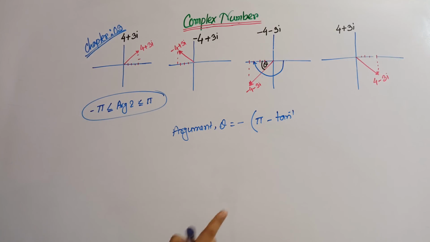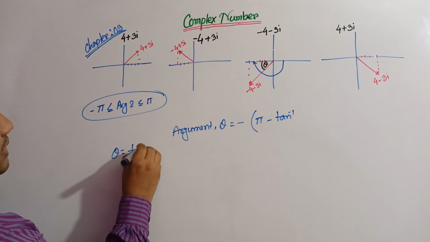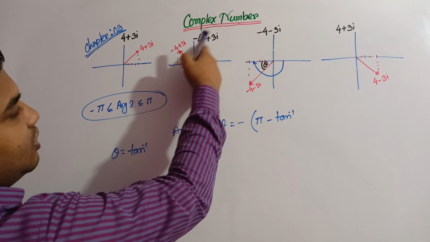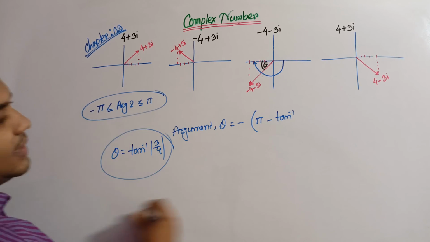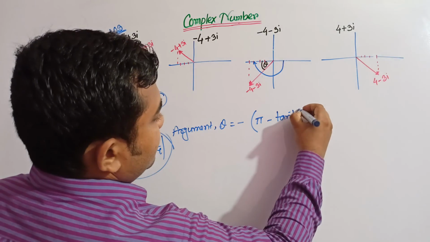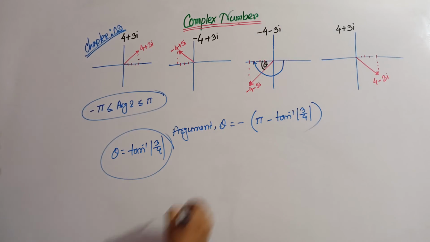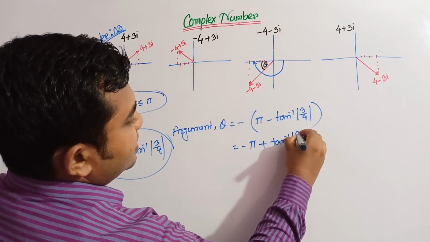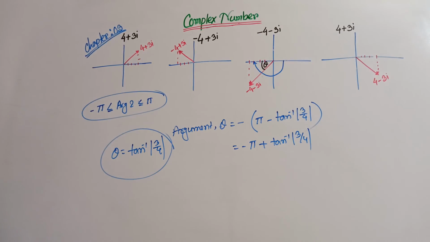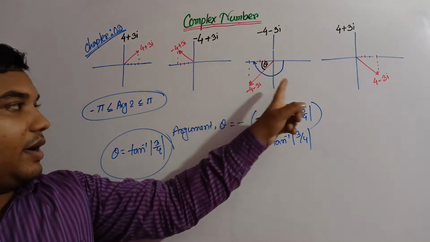We have already known that our theta is tan inverse 3/4. So this should be minus pi plus tan inverse 3/4. So this is the value of the argument for this third quadrant system.